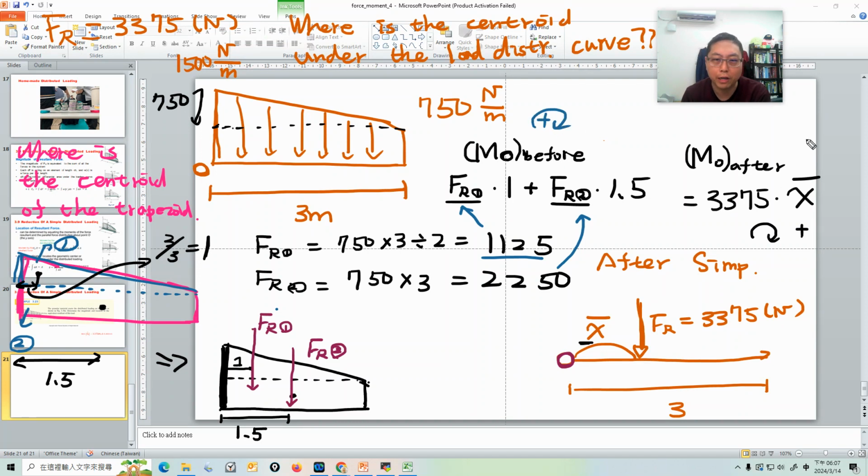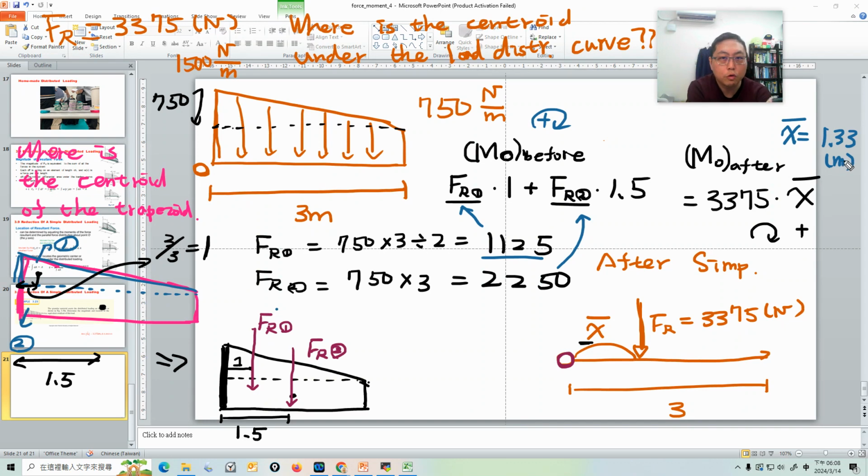This doesn't affect the answer. So x bar will become, let me see, 1.33. I think it's 1.33, and the unit is meters.